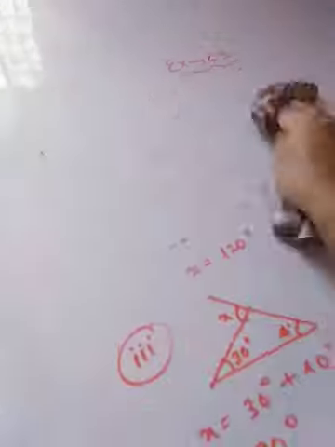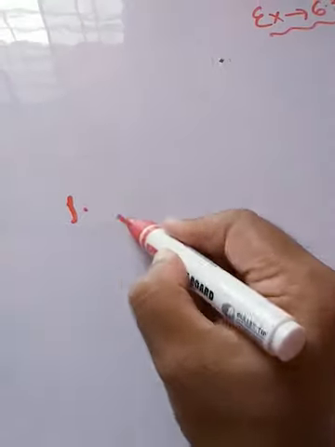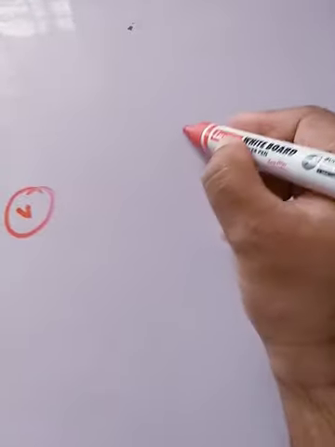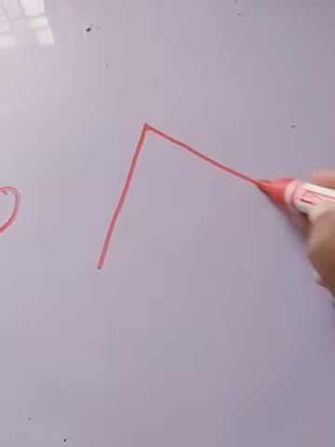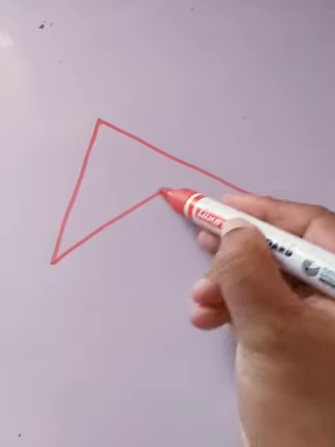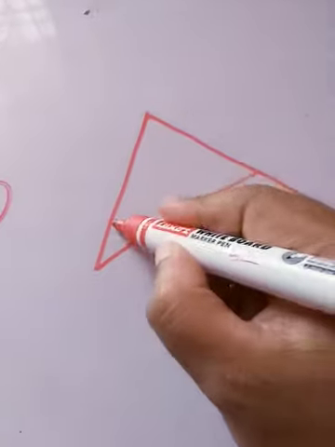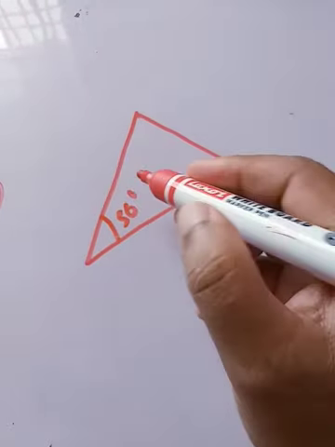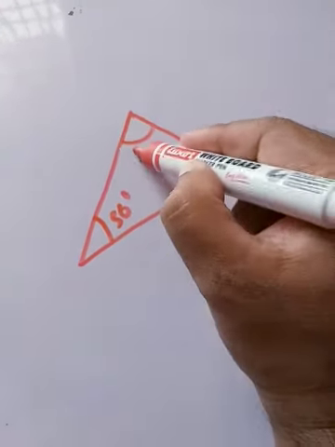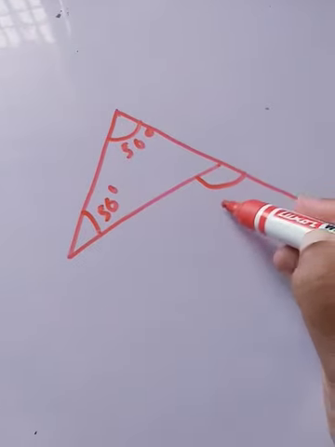Let's move on to the next sum, that is sum number 5. Sum number 5 is like this. Okay, so this is 50 degrees, this is also 50 degrees, and you have to get the value of x.